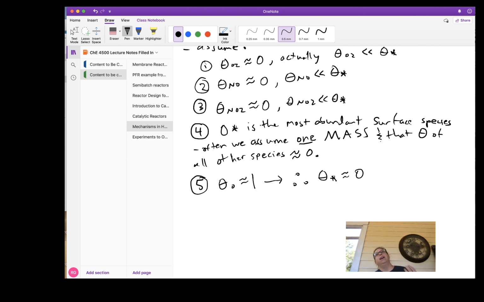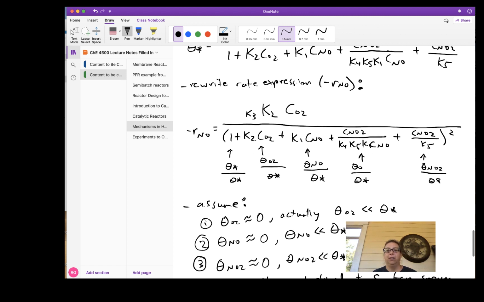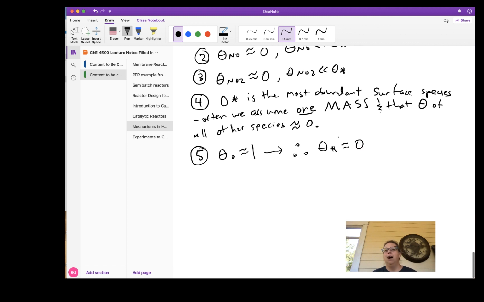So that allows for the rate to still be going. I still have free sites available to carry out the reaction. There's just not very many of them. These all have small coverages that are not going to be recognized when I solve this rate, but they are appreciable enough that the rate proceeds.